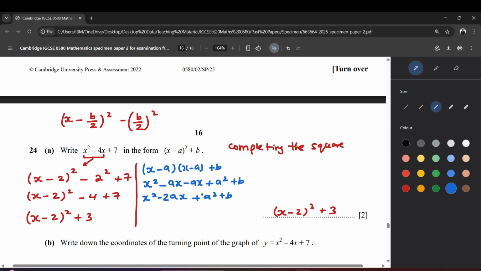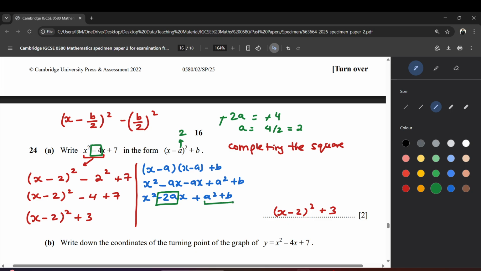Now the coefficient over here is minus 2a, whereas the coefficient over here is minus 4. So I can say that minus 2a is equal to minus 4. Minus minus cancels out, so a is equal to 4 upon 2, which is equal to 2. So therefore, the value of a is going to be 2, same as what we got over here.